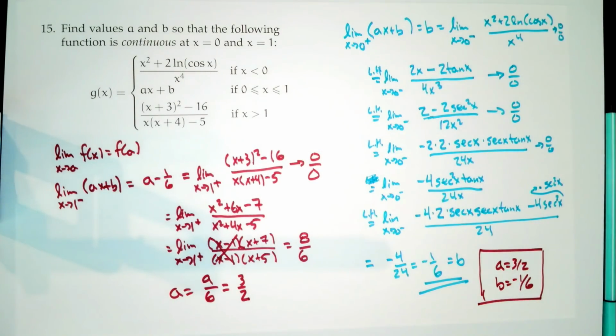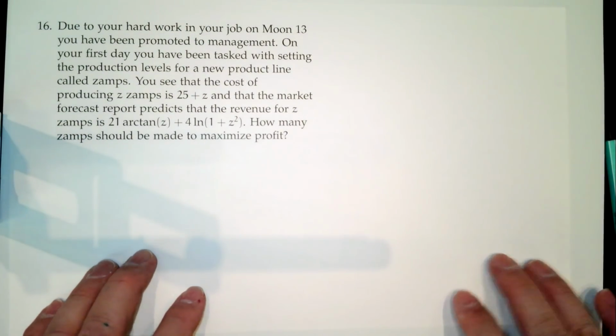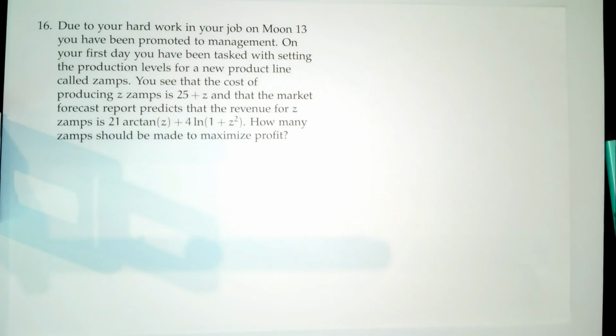Okay, good times. Which brings us to our last problem. Due to your hard work in your job on Moon 13, you have been promoted to management. On your first day, you have been tasked with setting the production levels for a new product line called ZAMPs.